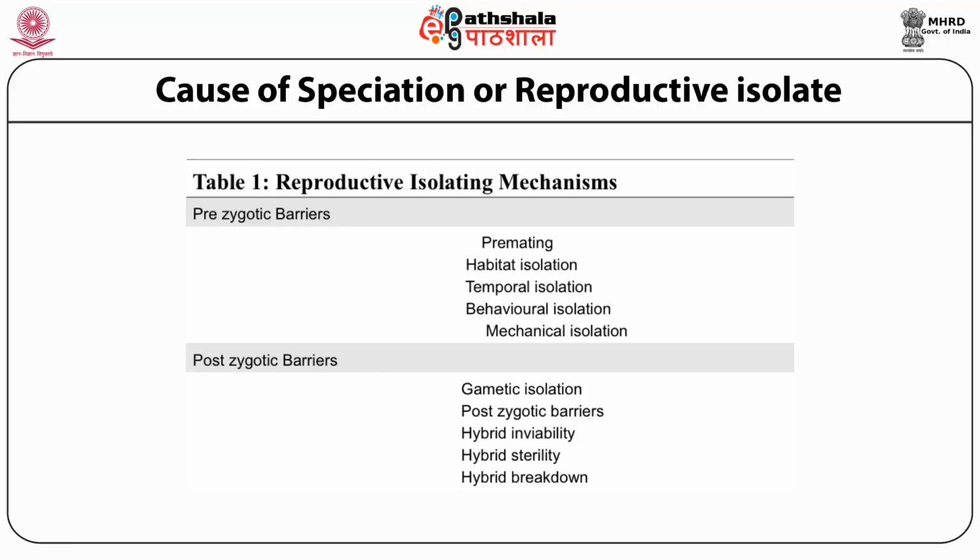the next generations. Prezygotic isolation operates by preventing mating between individuals from different populations of organisms, or by preventing the gametes of these individuals from uniting to form a zygote.